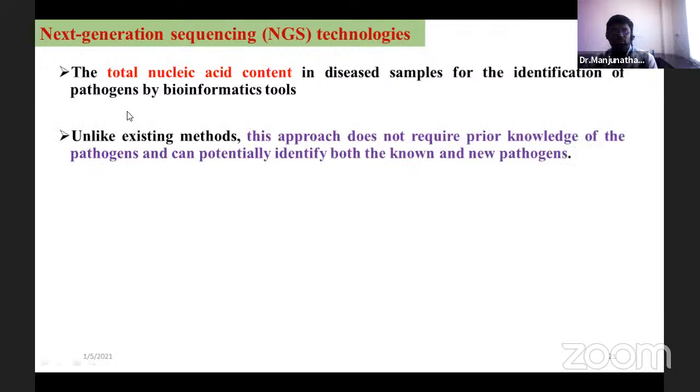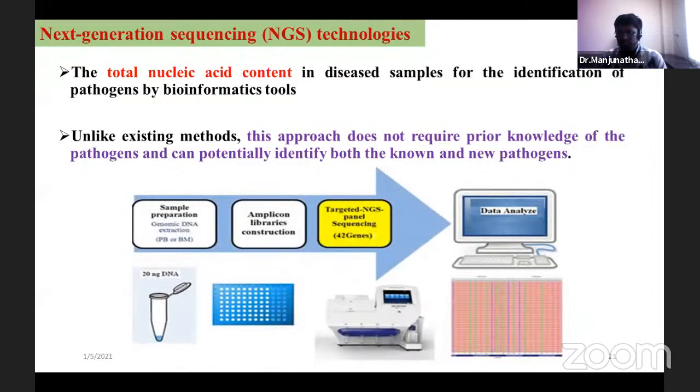The major advantage compared to other methods is that this approach does not require prior knowledge of pathogens, and it is very effective in identifying both known as well as unknown pathogens. That is, new pathogens also we can identify by using this next generation sequencing technology. This is the flow chart of NGS.